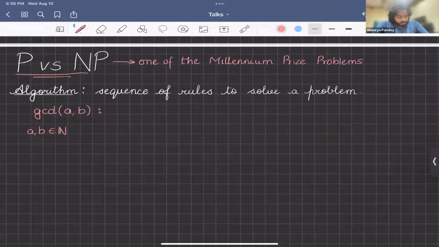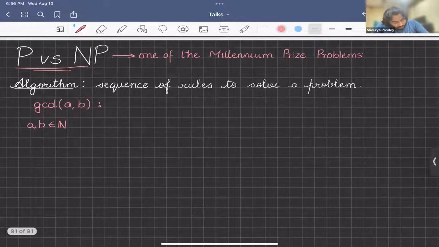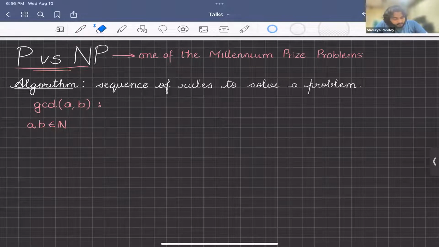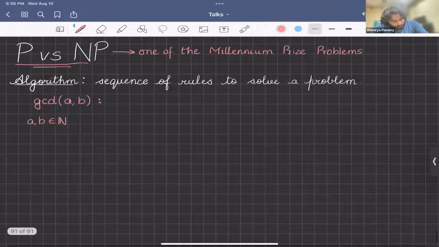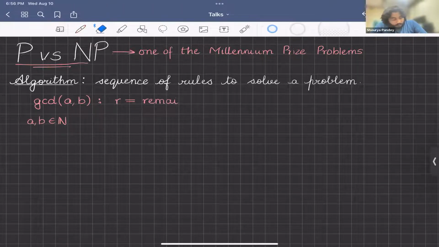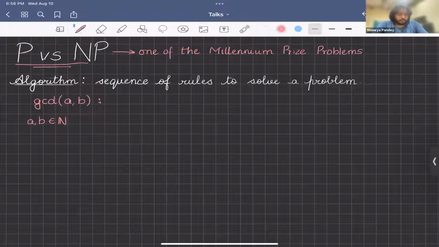So how is GCD defined? First, we need to see which is bigger.